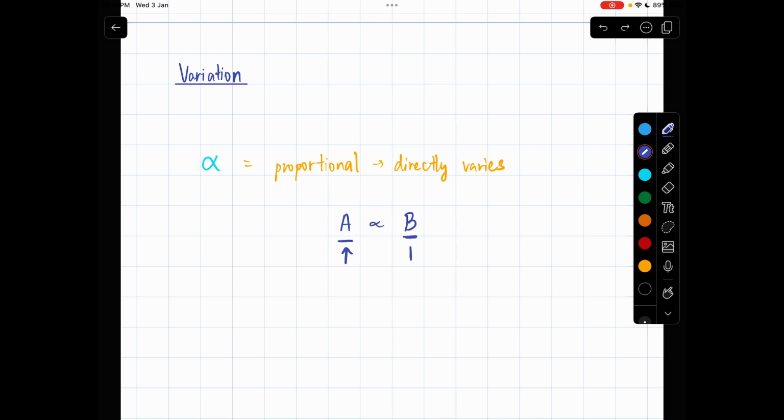That's it. This is the definition of this symbol. Whatever is on the left hand side, if it increases, the one on the right will also follow suit. It will also increase. That's the definition of this proportional symbol and how this works. This is very important for this chapter, as you will be required to use this particular symbol to answer your questions.